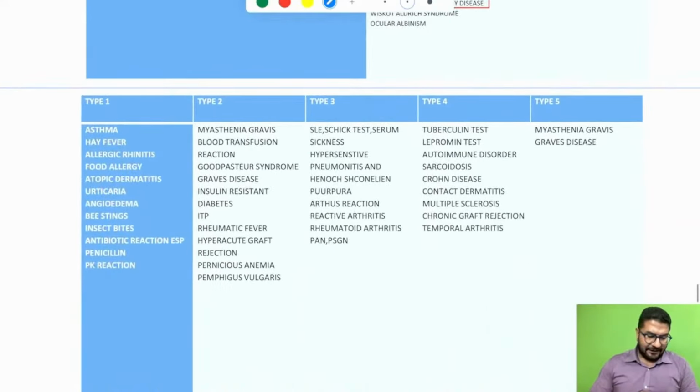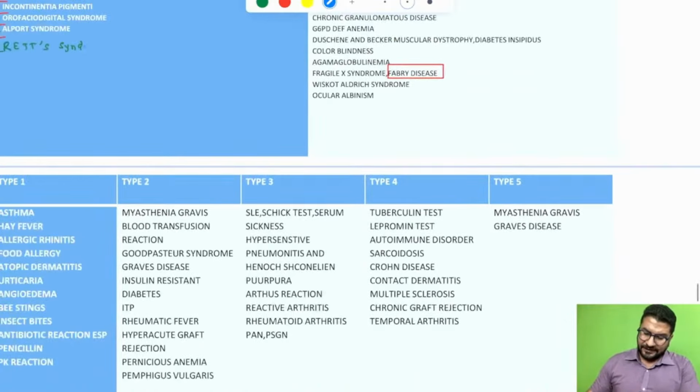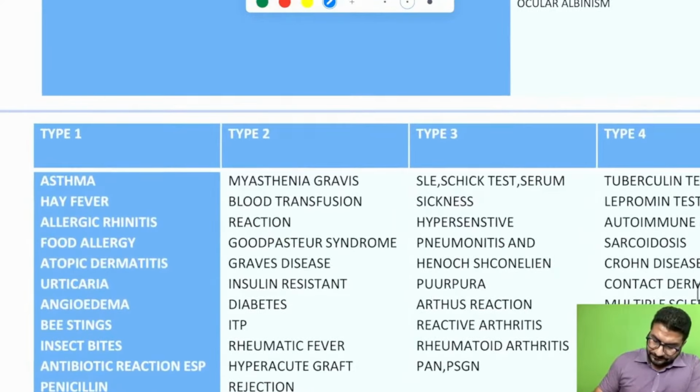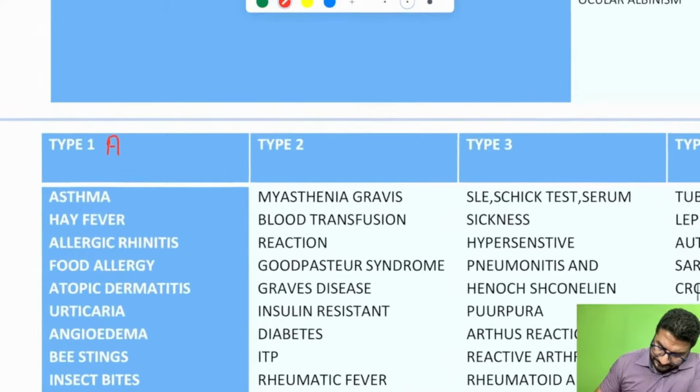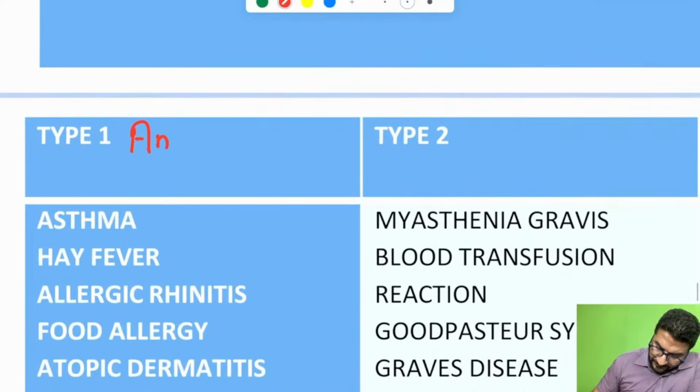Okay, next we have hypersensitivity. Now they ask you a question on hypersensitivity. So remember, we have type 1, 2, 3, 4. Type 1 is called anaphylactic. Type 2 is called cytotoxic.